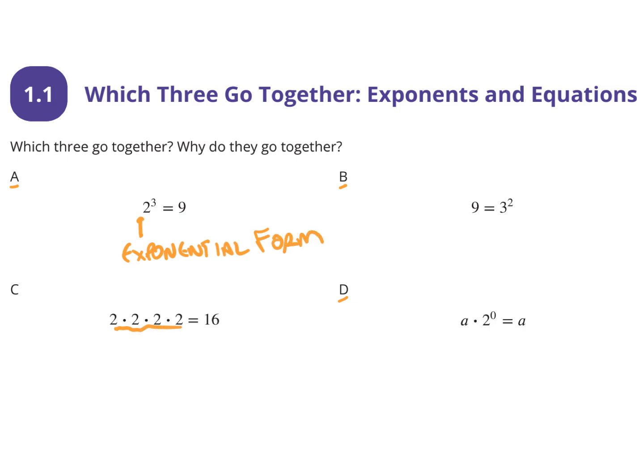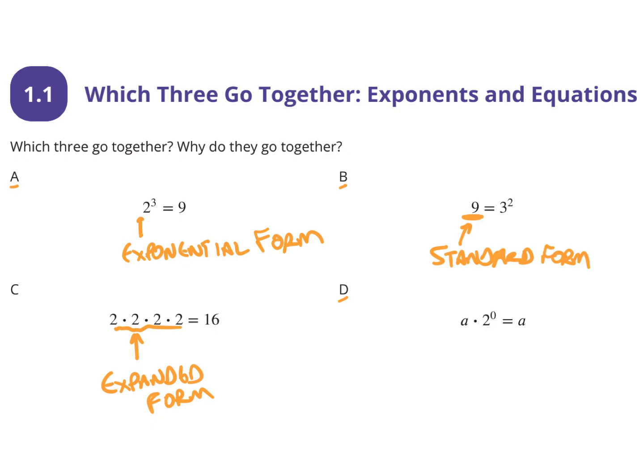When you have something expanded, this is called expanded form. And any number is called standard form. So these are the different forms that numbers can exist in, and you will hear that.